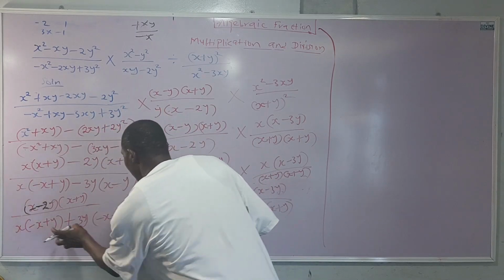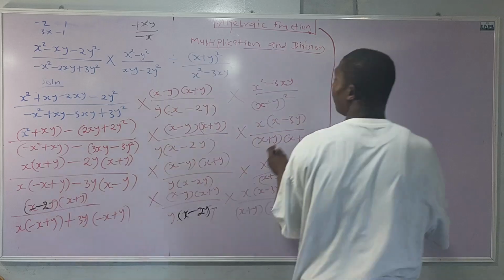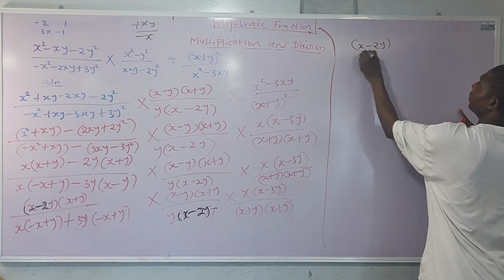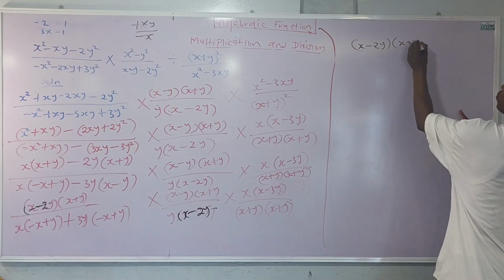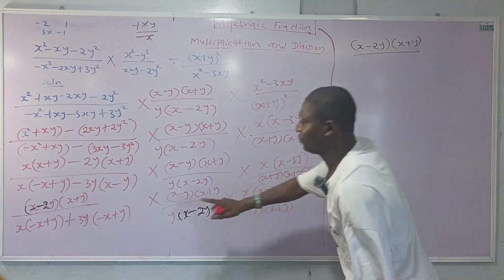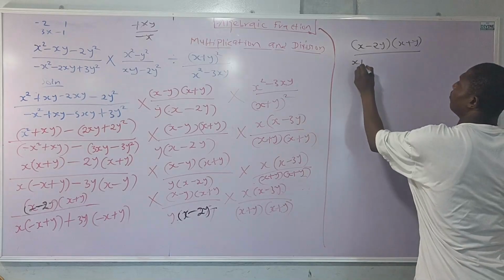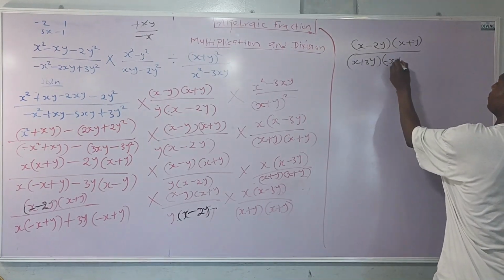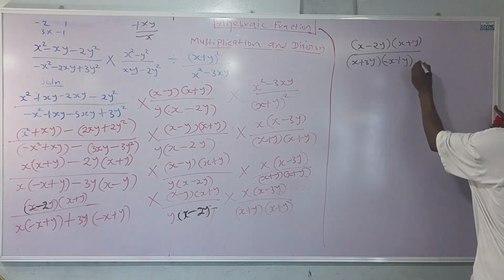Now, taking this and this, we'll have x minus 2y bracket x plus y all over x plus 3y in brackets minus x plus y times.